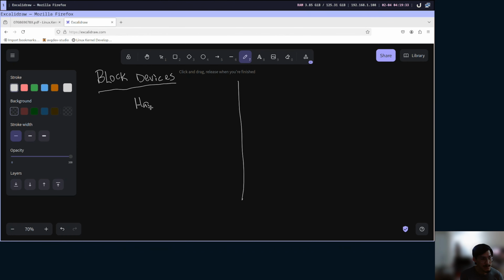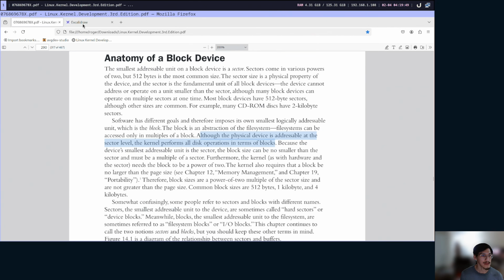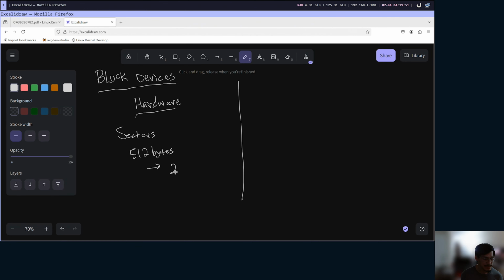And they can go from, I think it was like 512 bytes to 2 kilobytes, depending on the device. And this is device specific. Whereas in software, we don't deal with sectors, we deal with blocks.